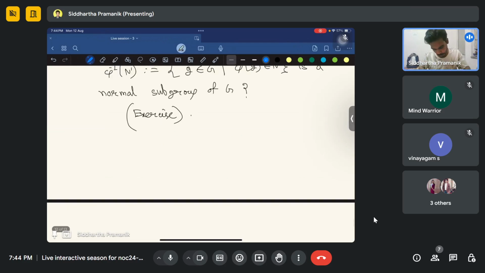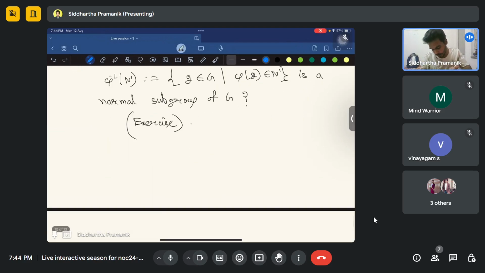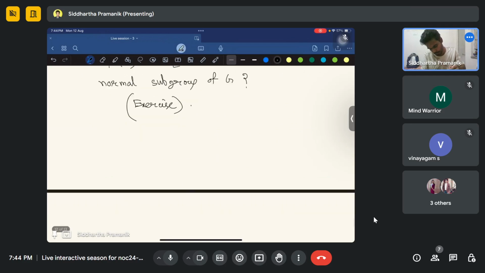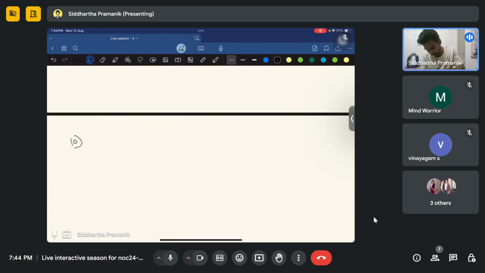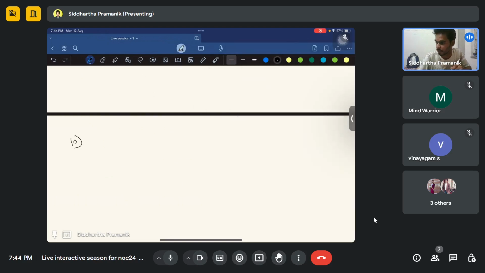So before that, I want to solve a small exercise on normal subgroups, which is useful. So let's say problem 10. Then I will come to some interesting problems on Lagrange's theorem.